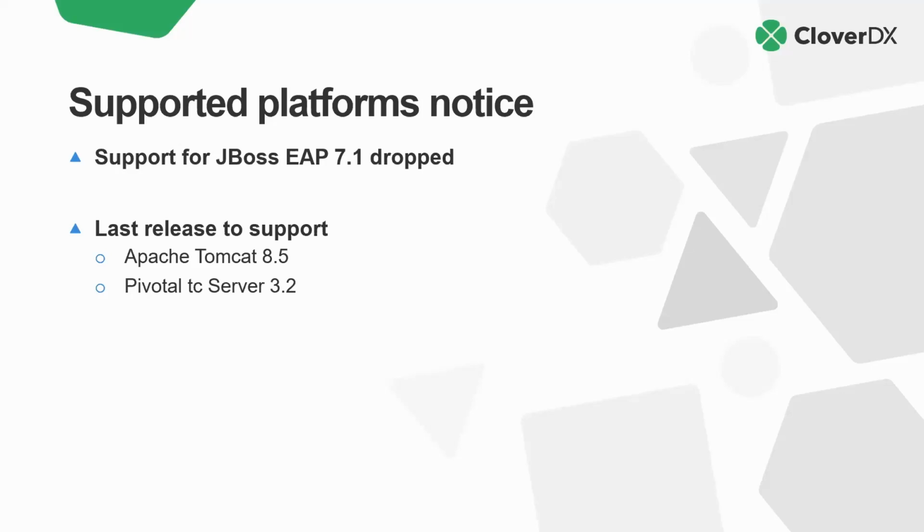And another small notice: for 5.13, we plan to drop support for Apache Tomcat 8.5 and Pivotal tc Server 3.2. Pivotal was purchased by VMware, and they currently have VMware tc Server 4.1, which is supported. So until the next release, you have time to upgrade to 4.1 if you are running on this tc Server.